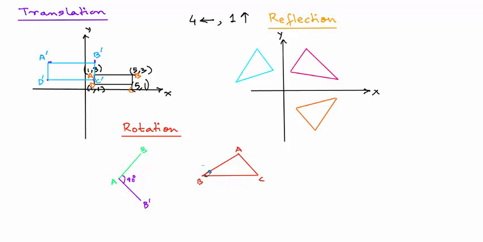The new position will still be the same point. So we will have this line segment BC going down 90 degrees like this. The line segment AC will come down by 90 degrees with the same length, and then the same thing happens with AB.